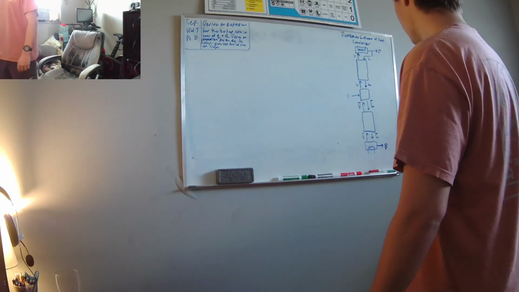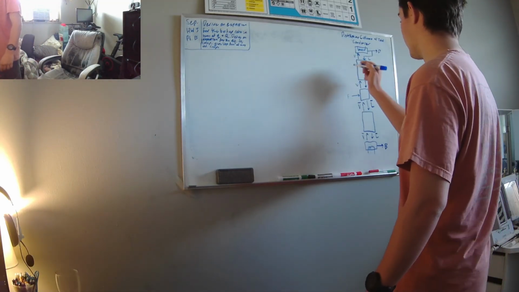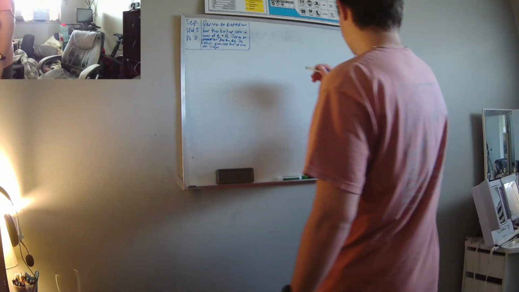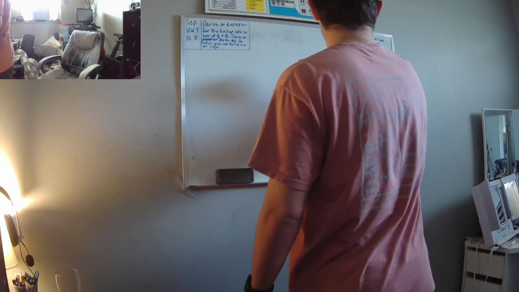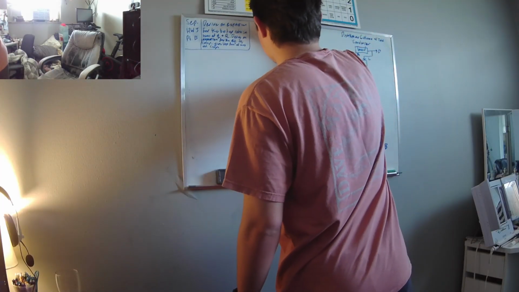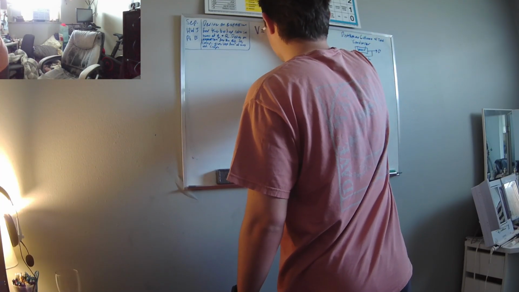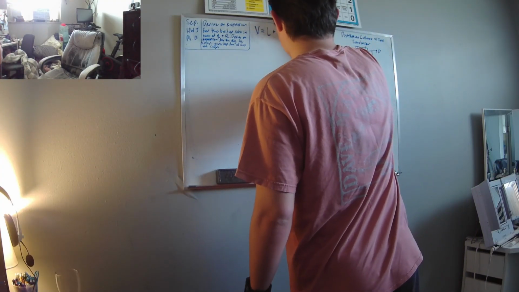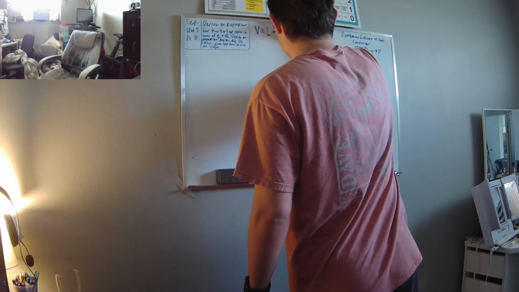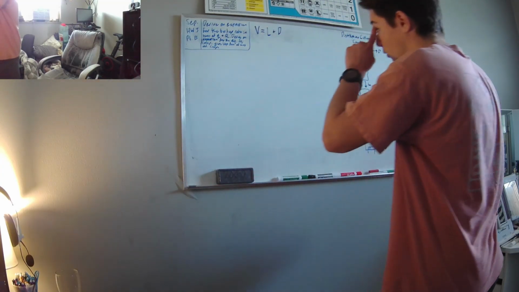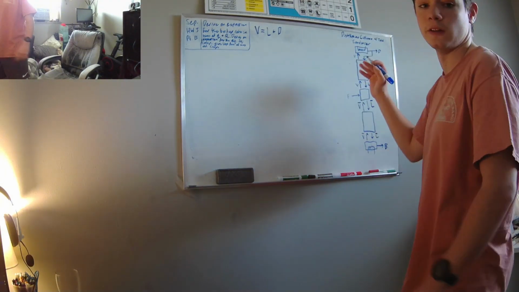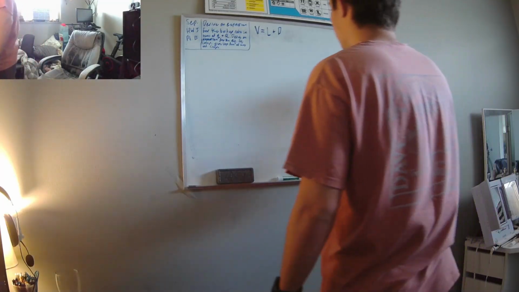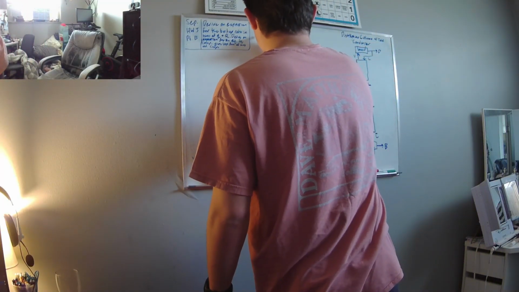So getting started, looking at our overall rectifying section, as we've discussed before, everything coming into our rectifying section, which is our V, equals our liquid coming out plus our distillate we're pulling out. And that's the overall material balance for just the rectifying section. We're going to need that a little bit later.